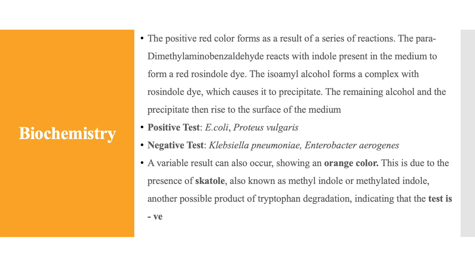This is due to the presence of skatole. Skatole is nothing but methylindole or methylated indole, which is another possible product of tryptophan degradation. If you get this orange color, that indicates the indole production test is negative.